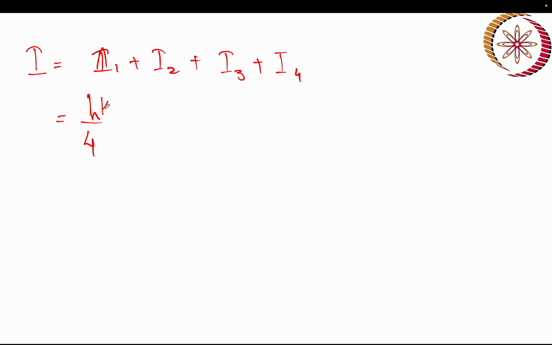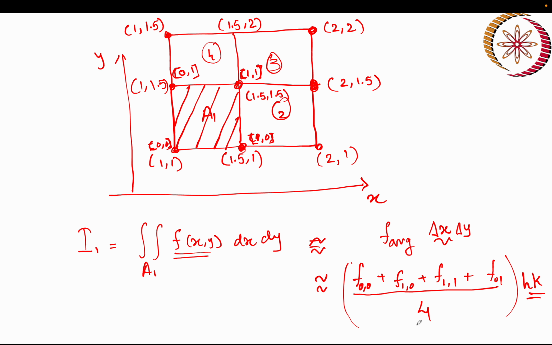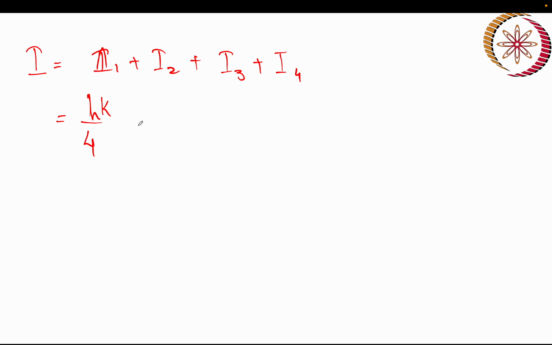So for all the regions this hk by 4 will be constant, so I have taken that out.